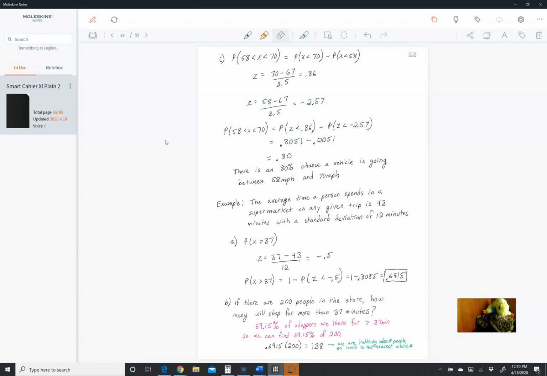So 138 out of 200 shoppers are going to spend more than 37 minutes.